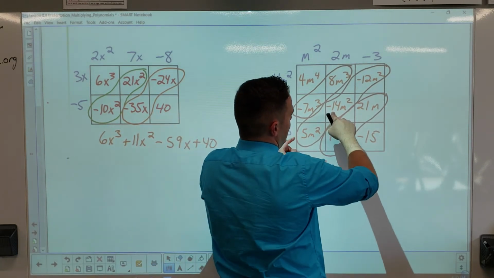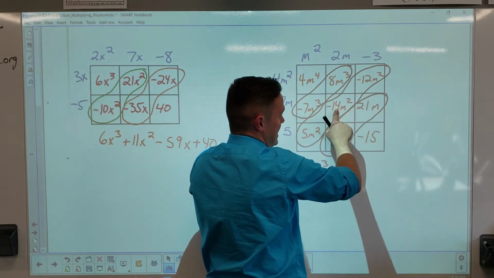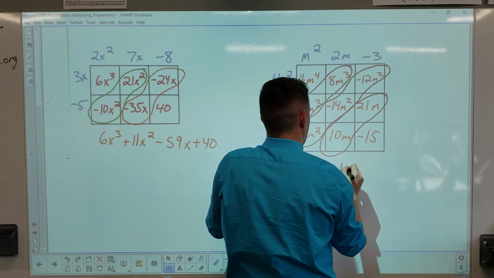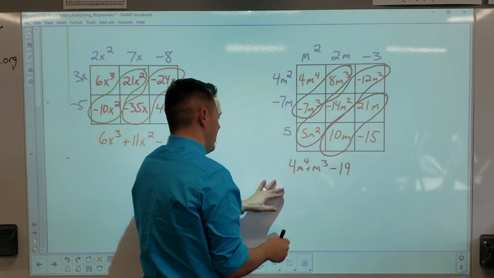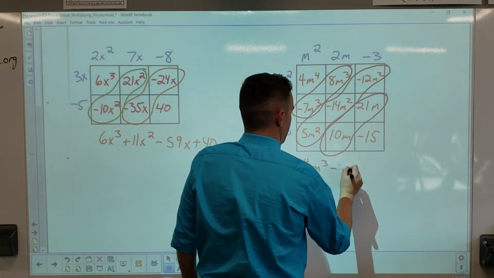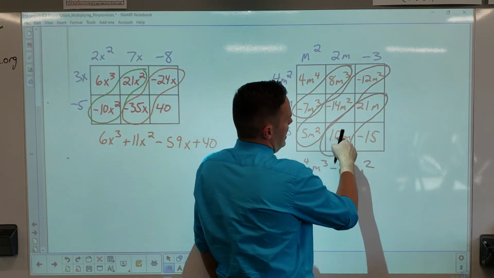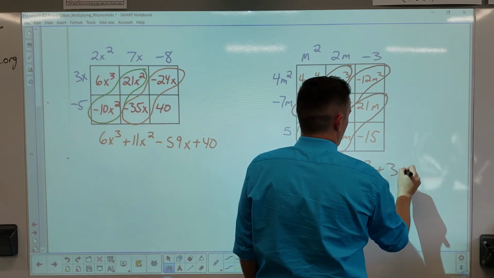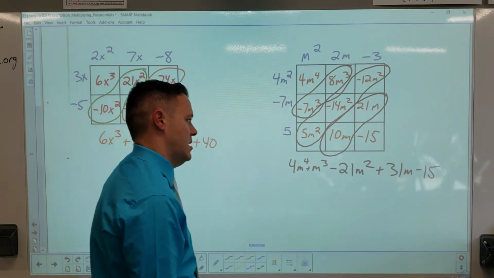And then it's going to be 14 minus 12 is negative 26. Plus 5 is a negative 9. Wait, that's it, 26. 26 plus 5, 21. Negative 21m squared, and then 21 plus that would be positive 31m minus 15.